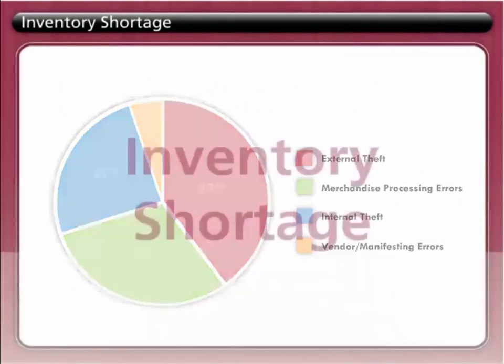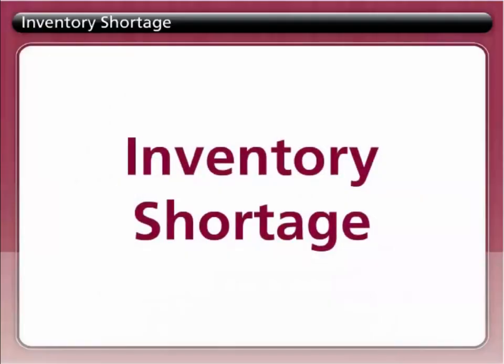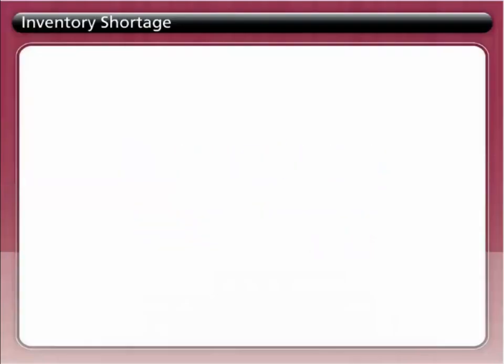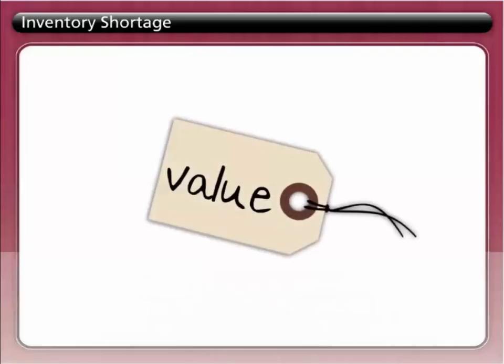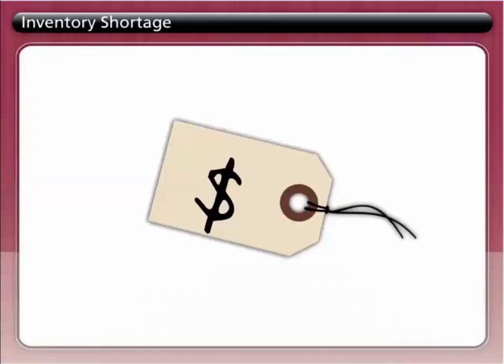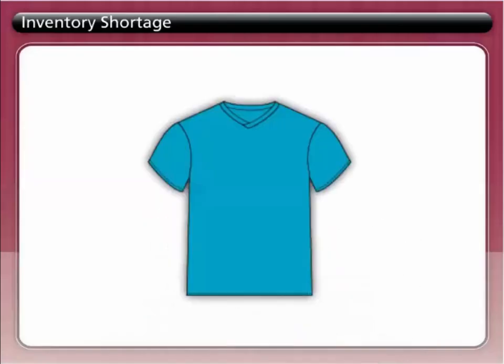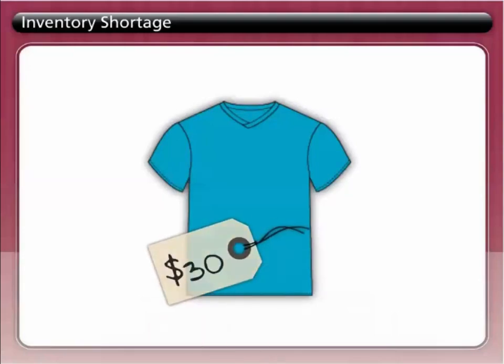So how do we figure out a store's inventory shortage? It is a simple concept to understand. We just need to know how the company values its merchandise. It goes without saying that all of the merchandise in our store has value. The value represents the retail dollar amount at which the company owns the merchandise. For example, this t-shirt has a ticketed retail price of $30, so the company owns this shirt at $30.